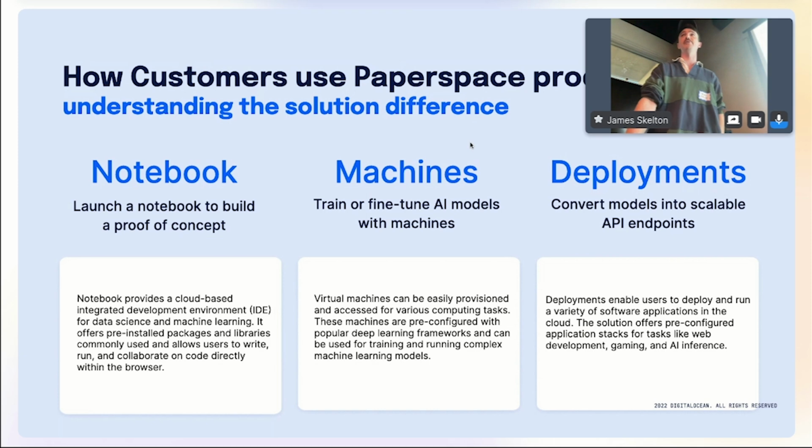I play PS3 games on my Core machine. And finally, deployments, which is what we're going to talk about today, which is converting the models into scalable API endpoints. It's got nice inbuilt features like security, health checks, everything you need to really take your application to scale.